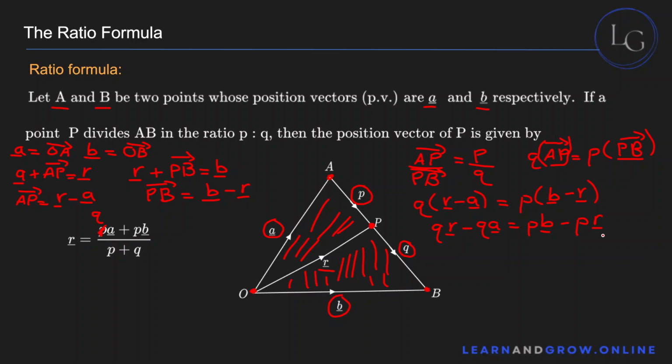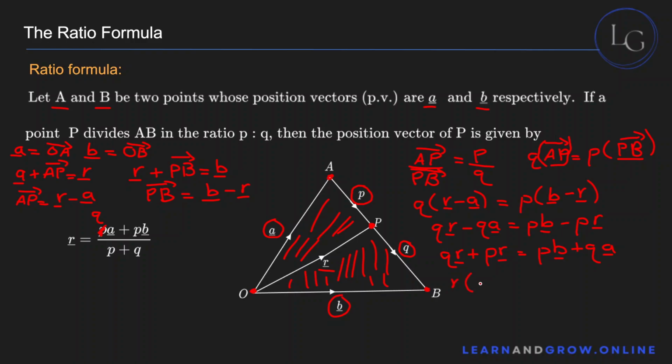So we'll take them on one side and the rest on the other. So qr plus pr is equal to pb plus qa.